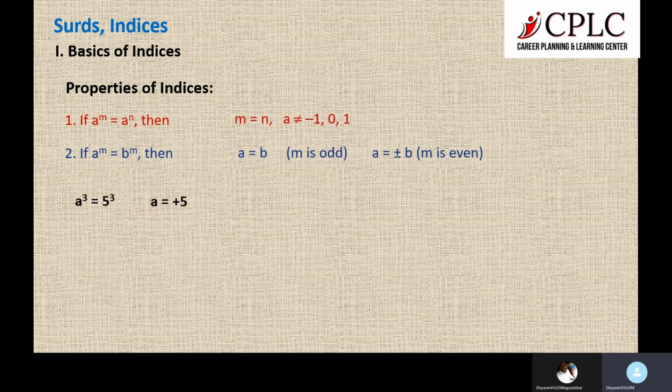The example for this is, suppose a cube is 5 cube, so a turns out to be positive 5, and if a cube is minus 5 cube, a turns out to be minus 5. So whenever the power is odd, a is equal to b. But for even powers, it may not be the same, because a square is 5 square, so a can be either plus or minus 5. So for even powers, we'll always have 2 scenarios, positive as well as negative.